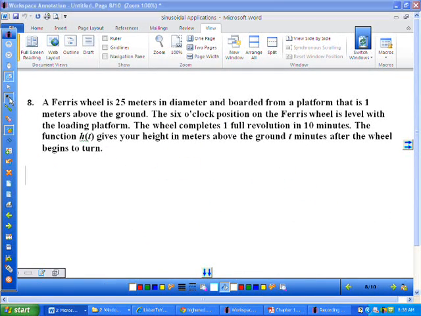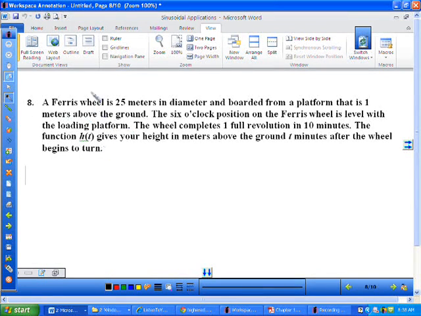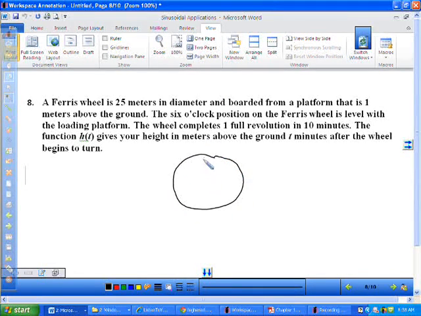So let's see. Here it says a Ferris wheel is 25 meters in diameter. So there's a Ferris wheel that looks like this, right? The diameter is from there to there, 25 meters. And it says from a platform that is 1 meter off the ground.